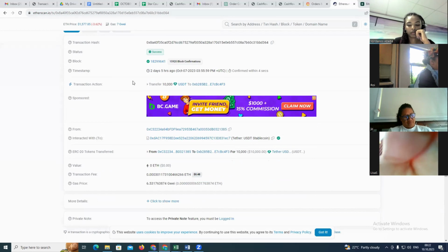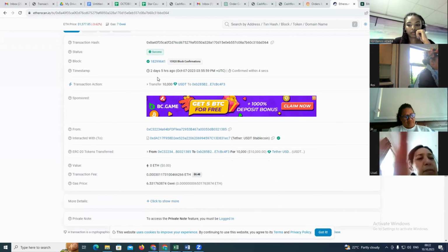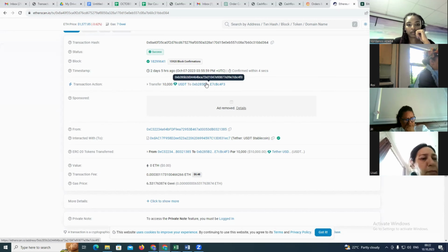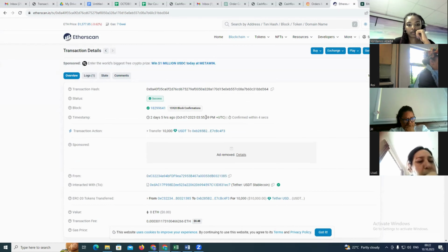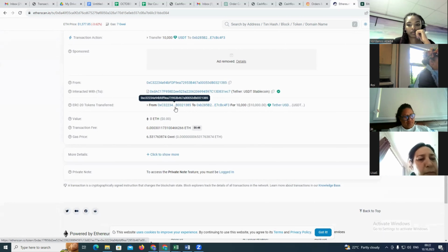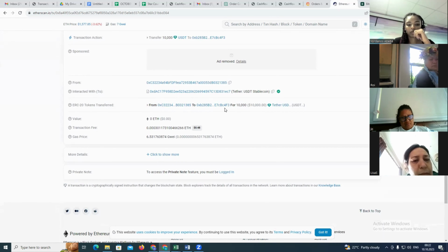You can find the block, the timestamp, 2 days and 5 hours ago, October 7th, 2023, 3:55 p.m. UTC. You can find where the funds are coming from, and to, which means where the fund was sent to. The transaction value is 10,000 USDT.